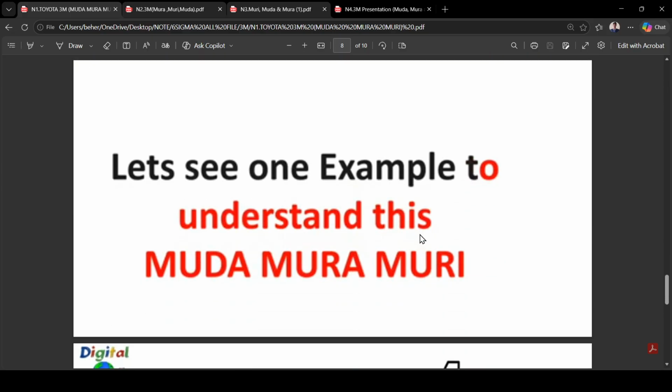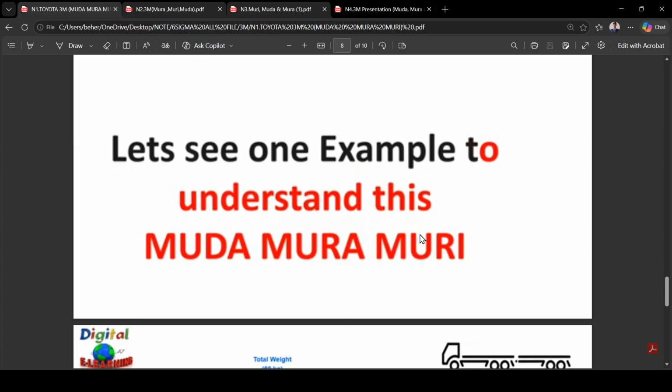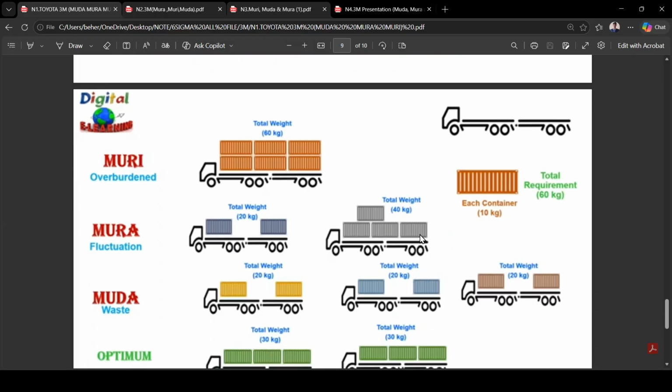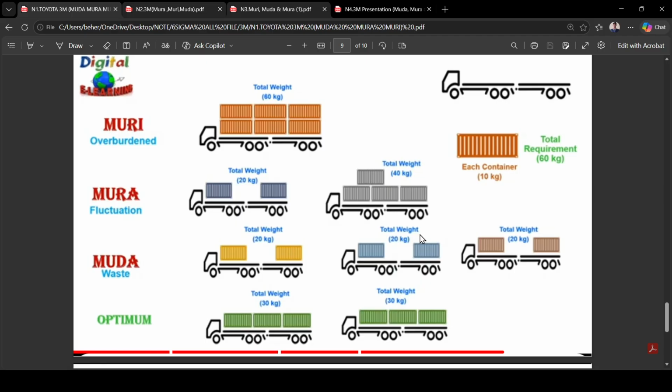So let's see one example to understand Muda, Mura and Muri. The requirement is 60 kg in total, and each container is 10 kg.